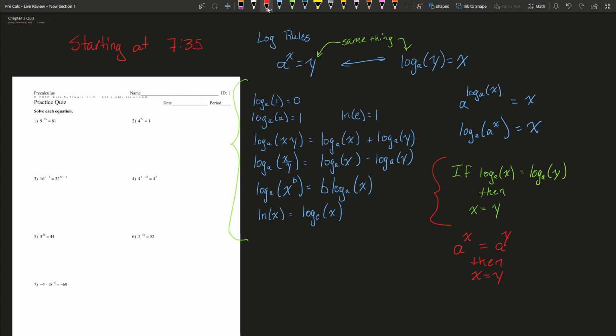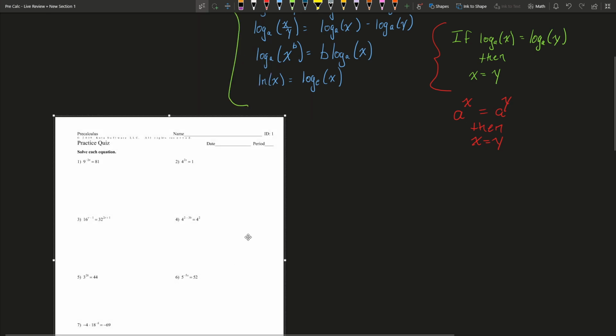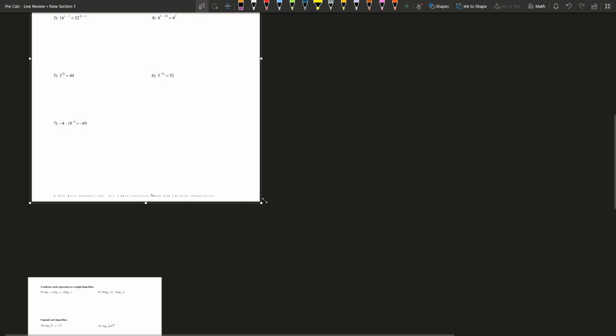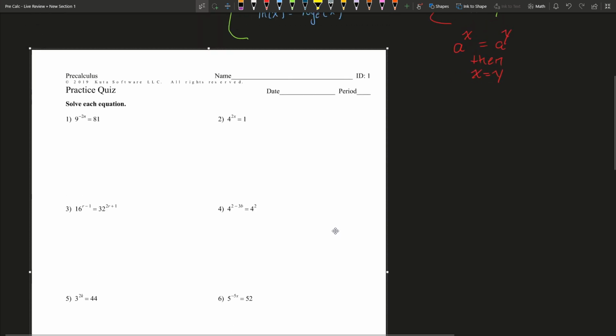So on the left-hand side, we have a base of 9, and on the right, we have 81. We need a common base between 9 and 81. So the most common base would just be 9.